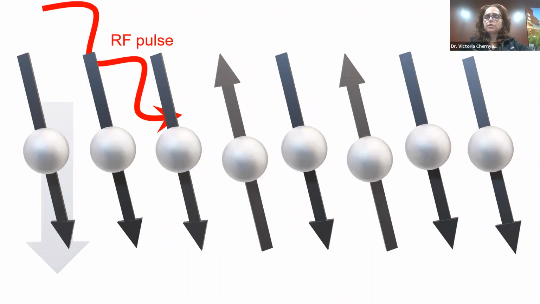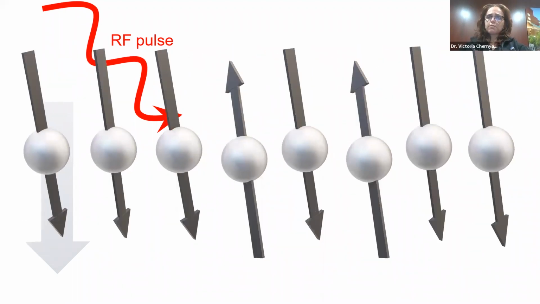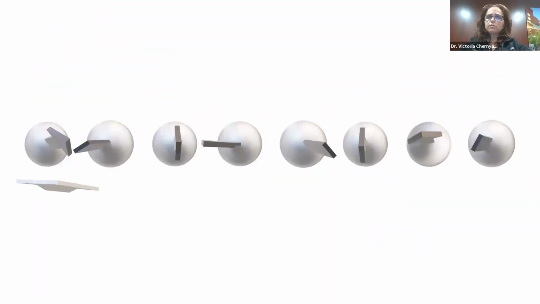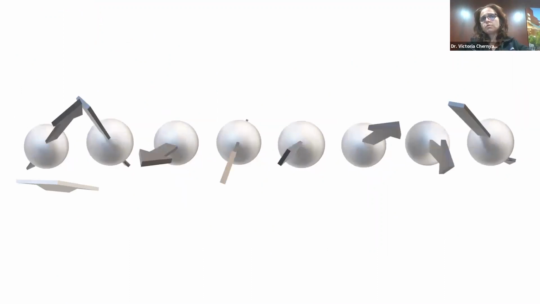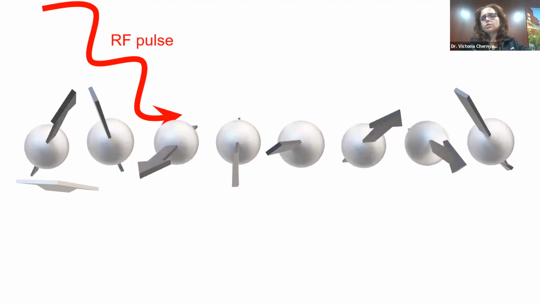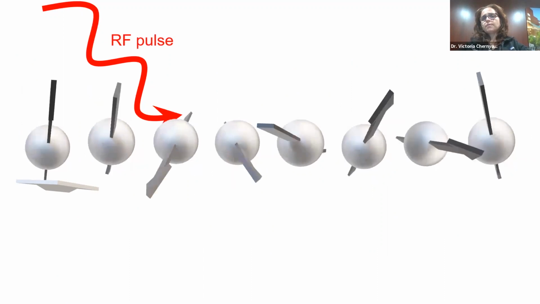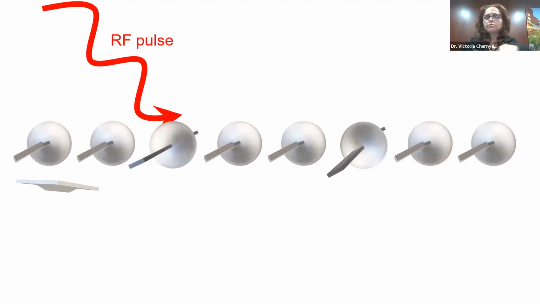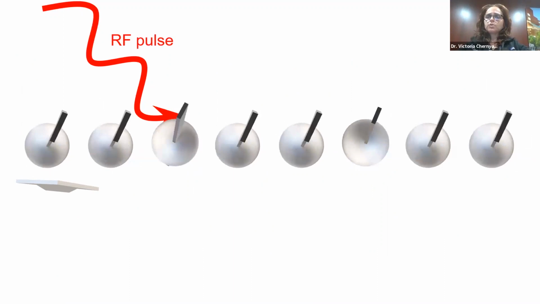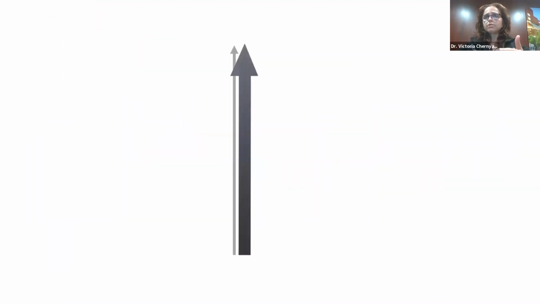And the second thing that will happen, if we look on top, this is a view from the top again, the protons are spinning every which way, but once we give them energy, they will actually realign and they will start spinning in cohesive patterns. So they will become what's called in sync. We can represent the result by looking at the summation vector.